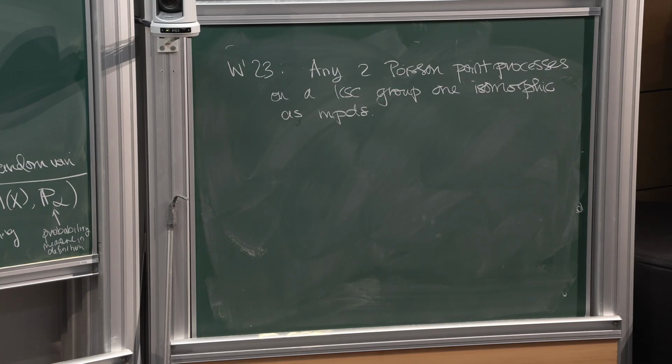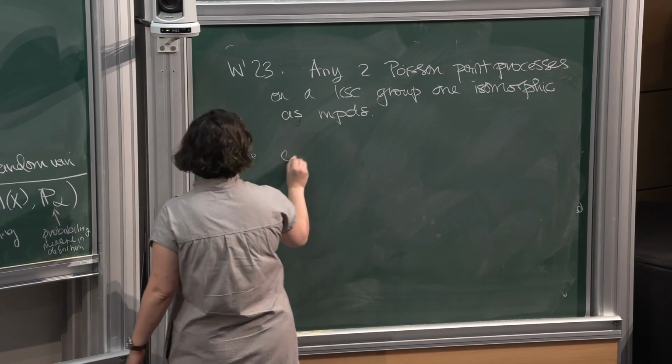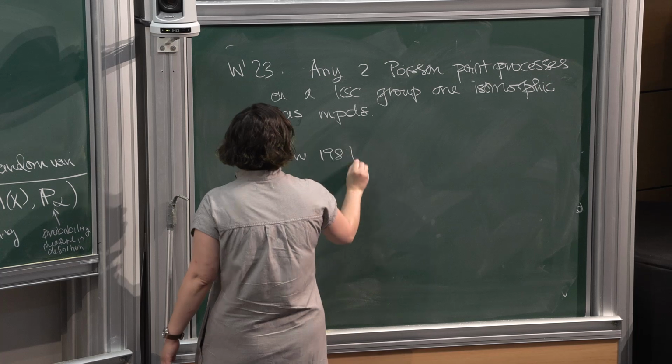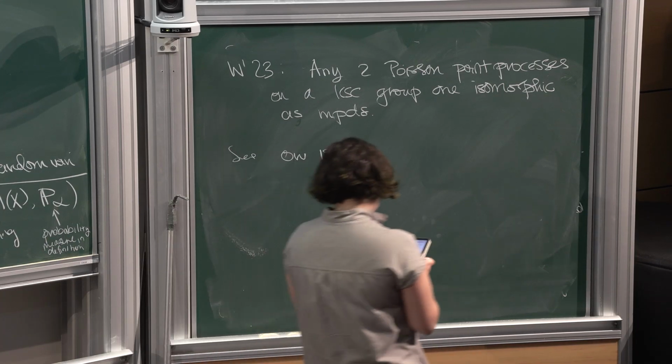But I just want to point out that Ornstein and Weiss thought of Bernoulli shifts and Poisson point processes as the same object. You just change whether you're thinking of a countable group or a non-discrete, locally compact second countable group. In their case, amenable, but it doesn't have to be. And that's also how I think of them. Okay, so maybe I'll say a little bit about that.